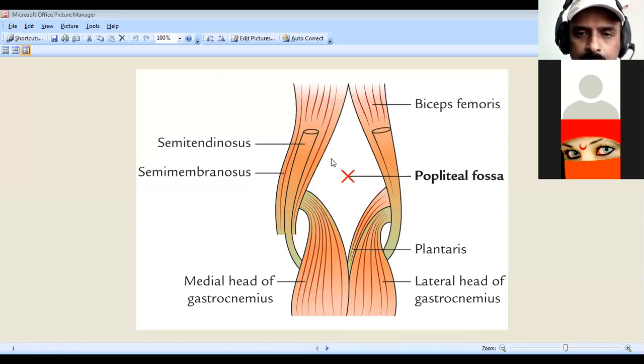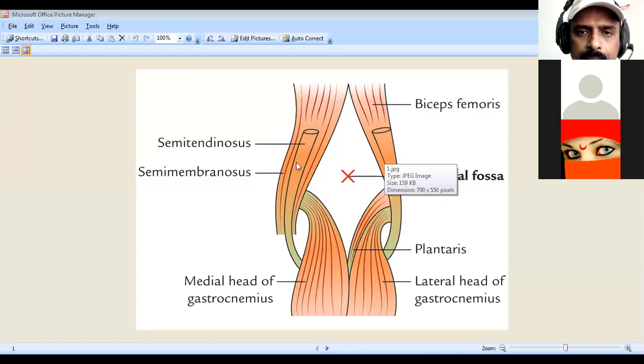So the boundaries you have to remember. It has boundaries superior laterally, superior medially, inferior laterally and inferior medially. One you have to perfectly remember: superior laterally is the biceps femoris.